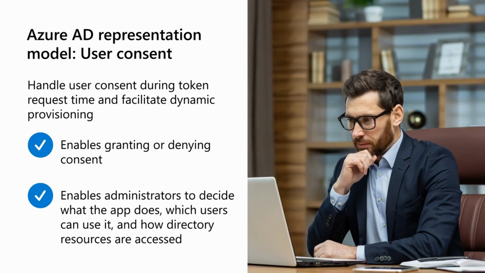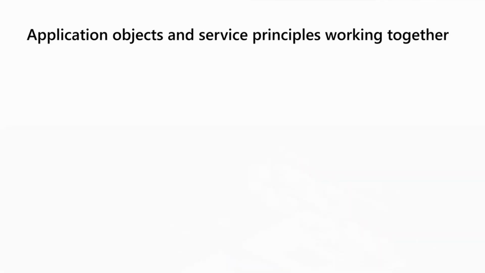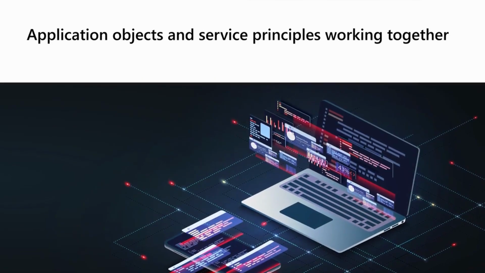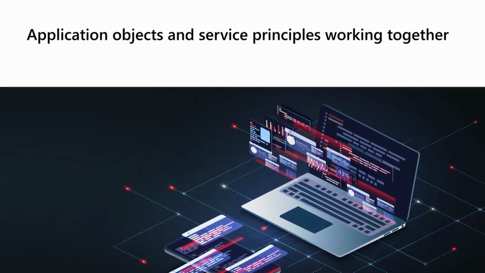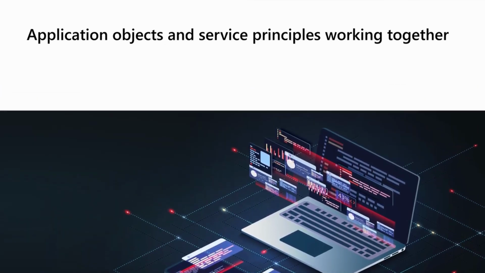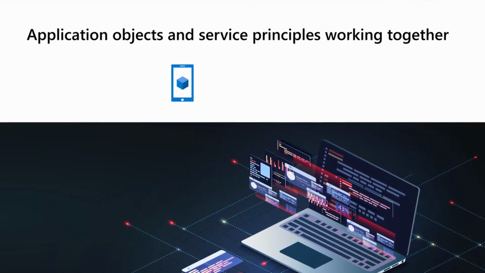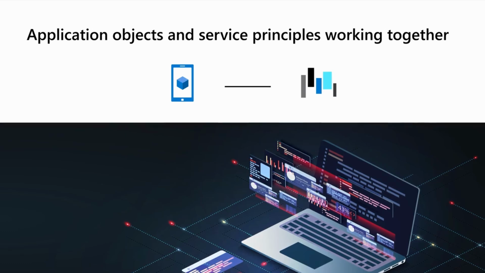Let's go into more detail about application objects and service principals and see how they work together. In Azure AD, an application object describes an application as an abstract entity. Developers work with applications.